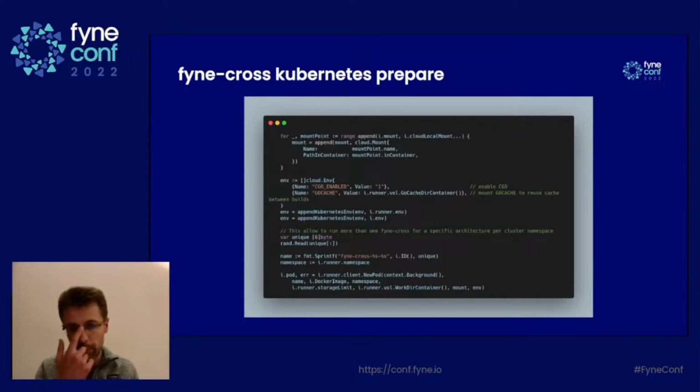And so the preparation of the container image is when we indicate to the engine which mount point locally we want to expose into the container, which environment variables we want, things like that. So in the case of Kubernetes, the mount point cannot be exposed directly from local to the cluster.